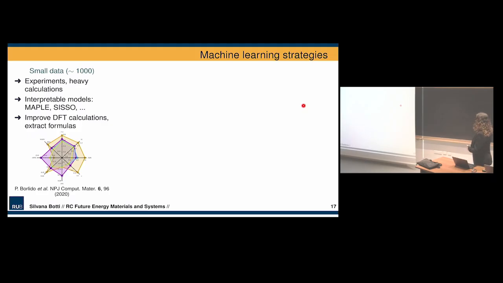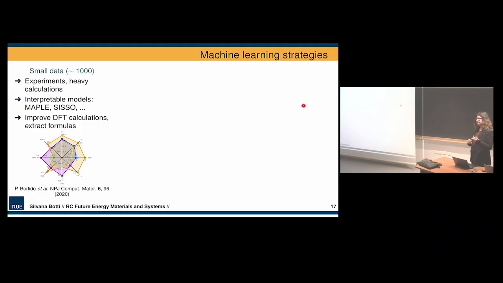And in many cases, we have very small data sets. If you just rely on experiments, it's getting better. There are more and more high throughput experiments, and there are data sets coming from experiments. Or if, for example, we have very accurate calculations, we will also have small data sets. And in that case, one cannot do much, so one can use simple machine learning models.